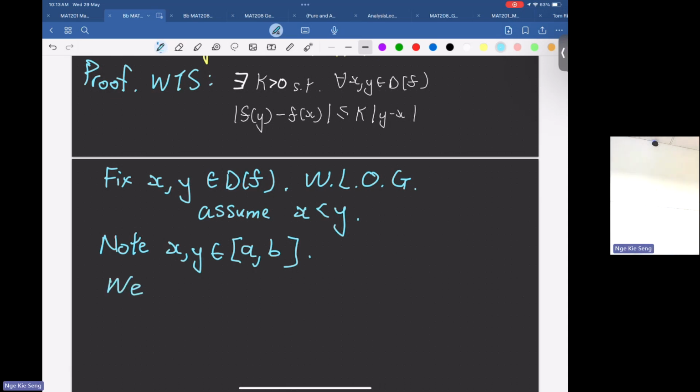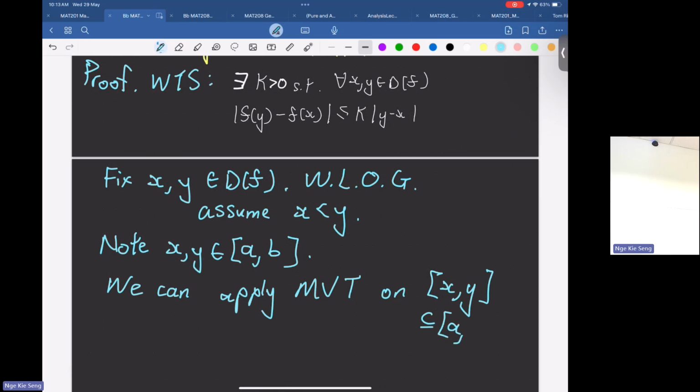So we can apply the mean value theorem on the closed interval [x, y], because the closed interval [x, y] lives in the closed interval [A, B]. Make sense? So it is differentiable on it and also continuous there.